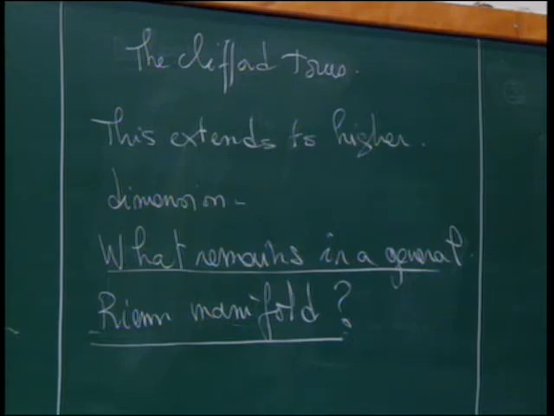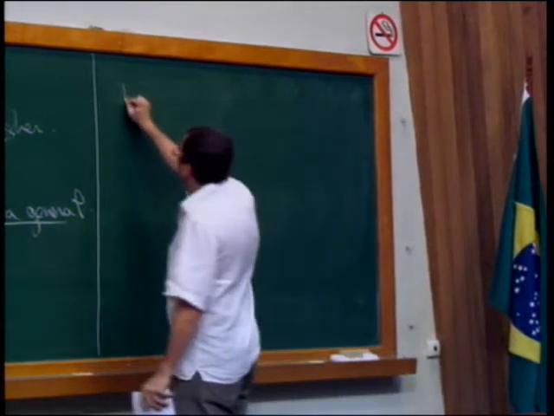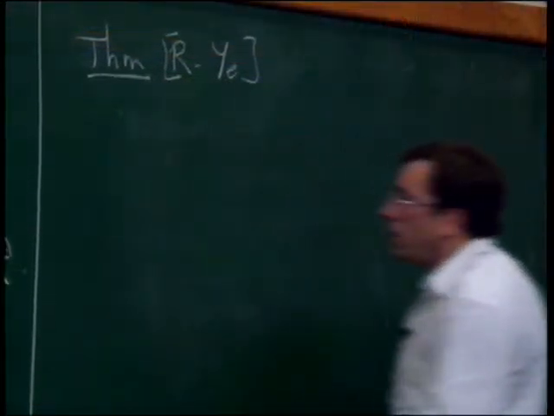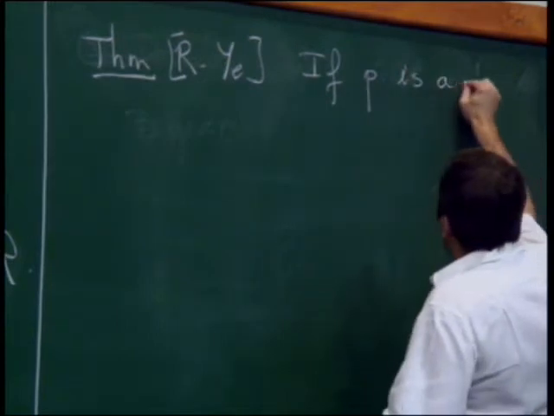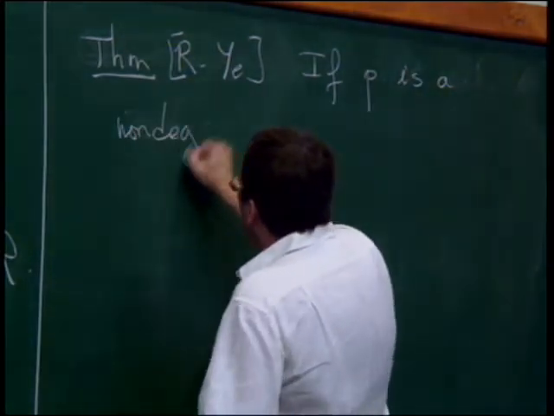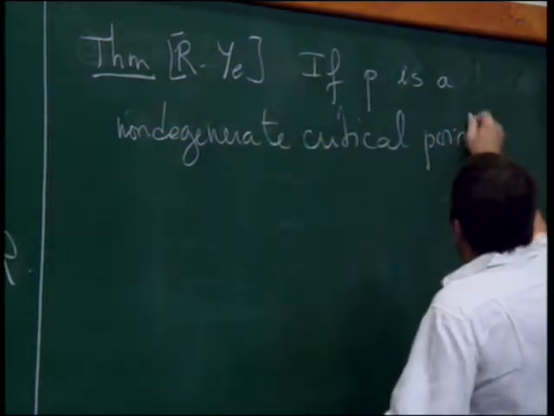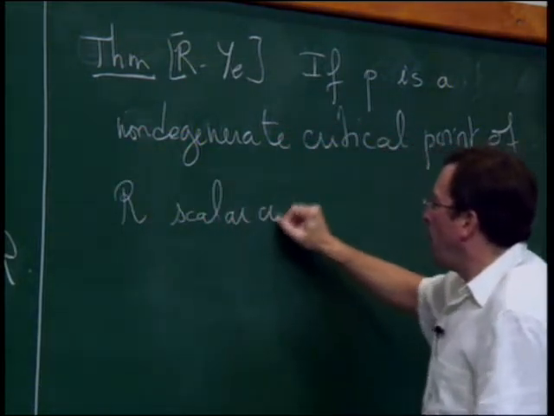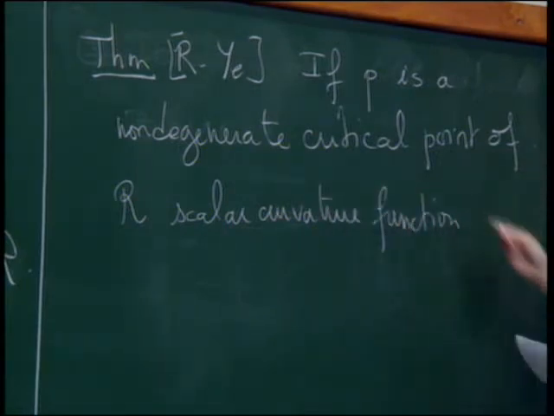First of all, about the existence of these concentric spheres, there is a theorem by Ye in the early 90s that says the following: if P is a non-degenerate critical point of the scalar curvature function, then a neighborhood of P can be foliated by constant mean curvature spheres.